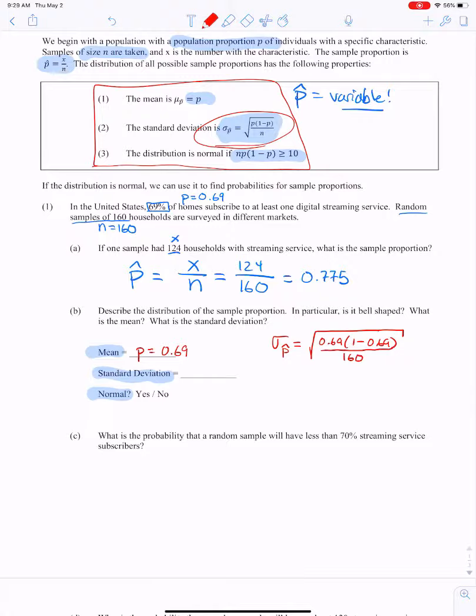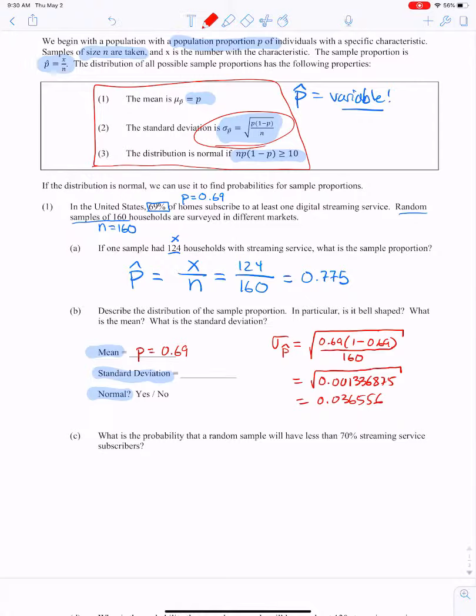Some people get confused and they type in the square root symbol, but it's the square root of this whole entire group of stuff. So if you follow the order of operations, you would get the square root of 0.001336875, and I'm carrying all those decimals because I don't want to have a round off error. And then we take the square root, and that's equal to 0.036556.